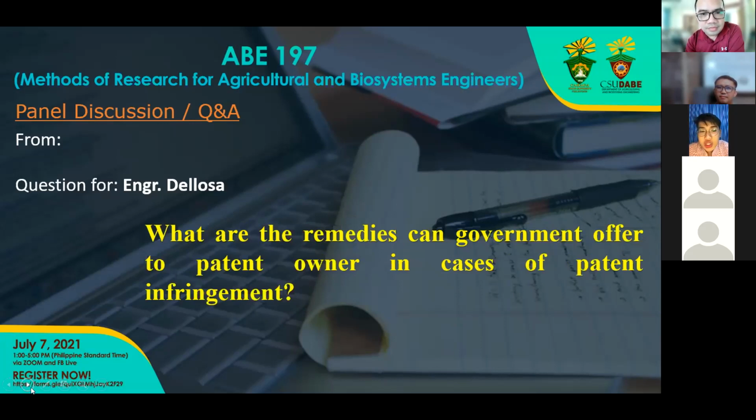So the second question is, what remedies can the government offer to patent owners in cases of patent infringement? Thank you for this question. It is also provided by law that the government will offer remedies to those people who are offended because their patents are infringed.